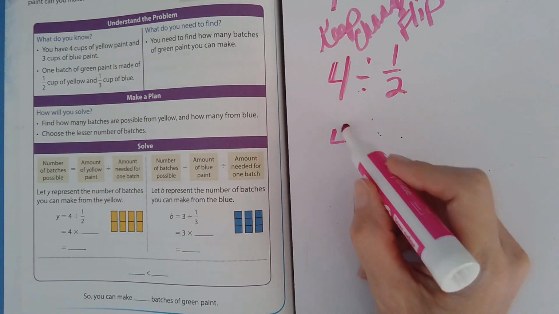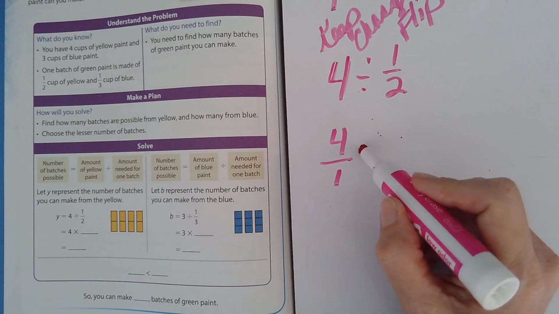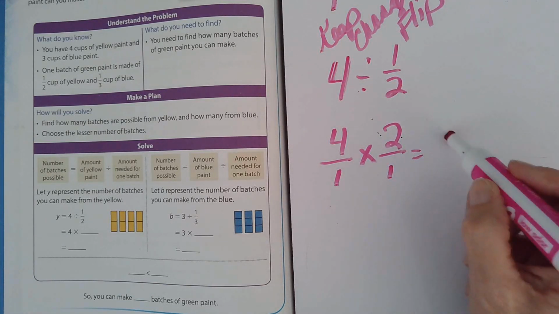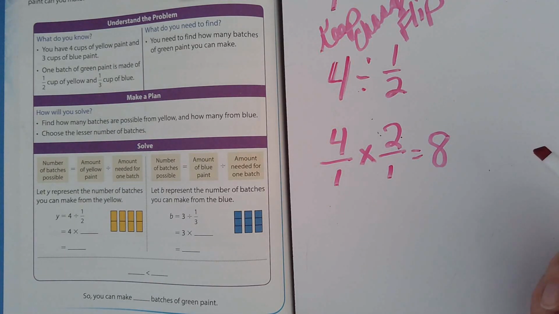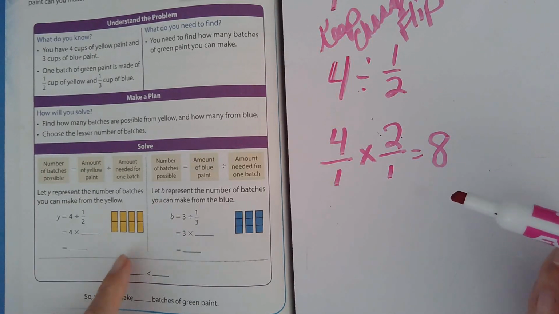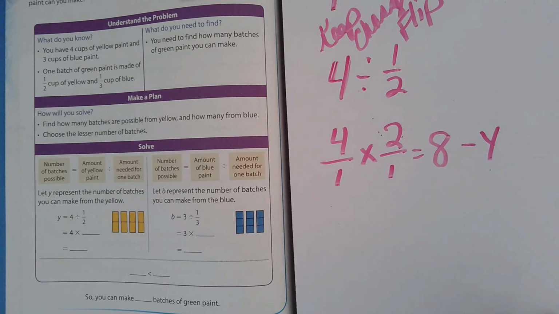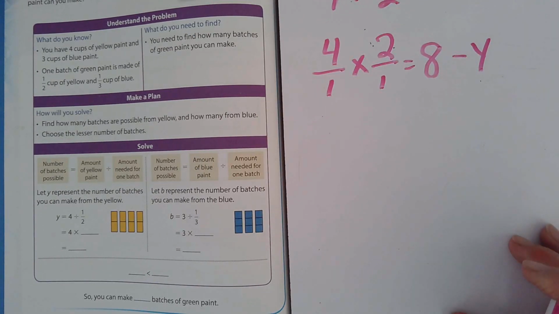So that's going to be 4/1 times, flip that, 2/1, which means we can make 8 batches of yellow. I'm going to put a little Y here because I like to do labeling, so I know what I've done.